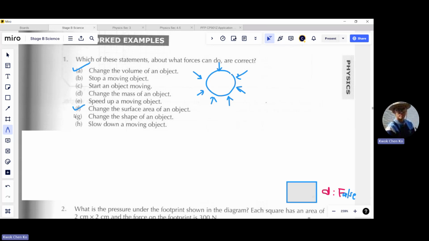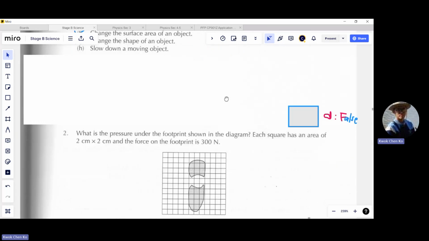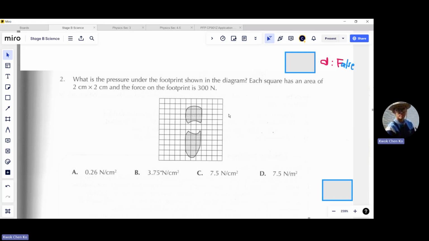And changing the shape, I can bend it into a doggy, so that is changing the shape too. The only thing that I can't do is this one. Even though you can go on and argue about it, I shall not go down that route.